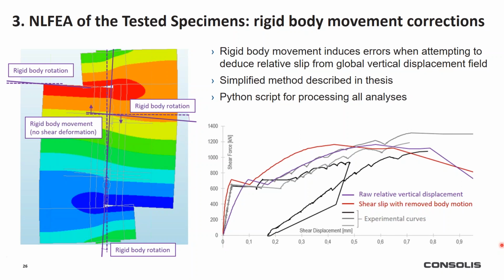So, as I said, we were not interested in a very detailed local behavior. So the 2D models were able to capture the stiffness of the connection and the overall behavior of the connection, the failure mechanisms, and the results were considered satisfactory. 3D analysis would be too time consuming and would require more analysis time.